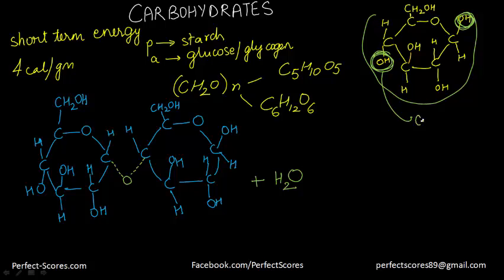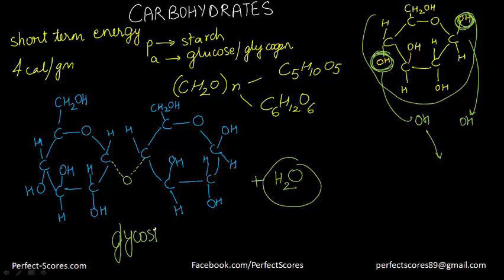This gives rise to the water molecule, and the remaining oxygen is shared between them through this covalent bond, and specifically the name that we give to this is the glycosidic linkage. So this is how a glycosidic linkage is made, and you get a bigger molecule which is maltose.